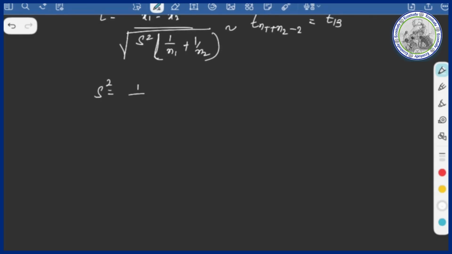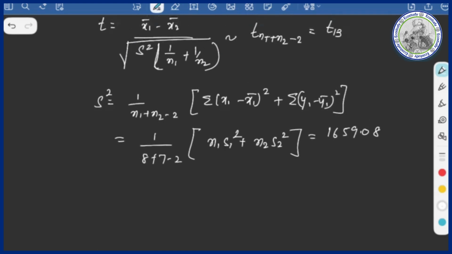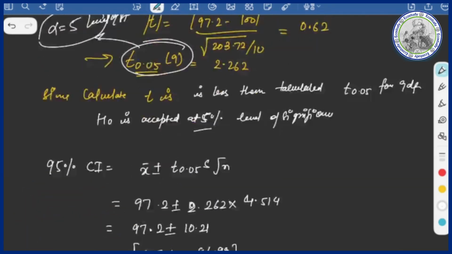Then S square is 1 upon n1 plus n2 minus 2 into the sum of squares. Just put in the formula, 8 plus 7 minus 2, using n1 s1 square plus n2 s2 square, which gives 1659.08. I am talking about this formula.